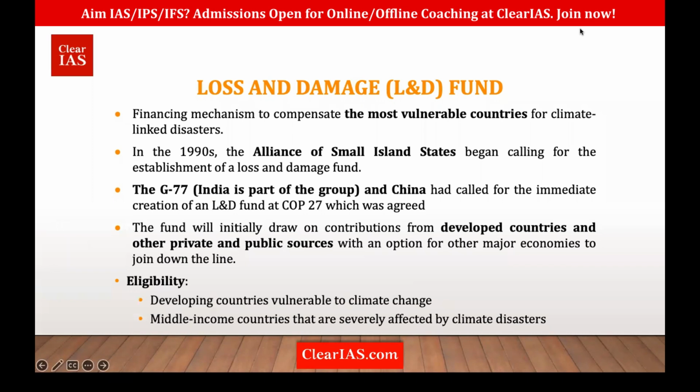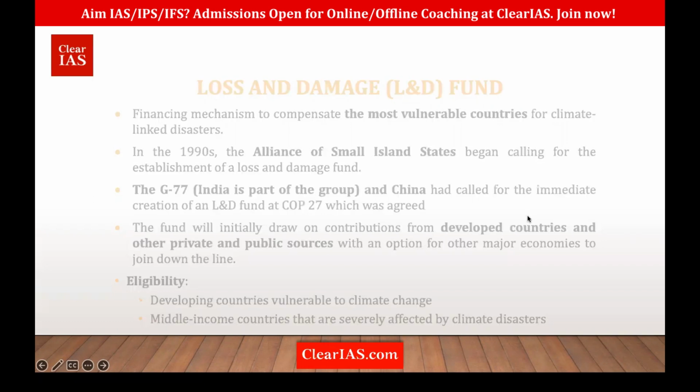There are also so many islands, like Indonesia, where even the capital is sinking. All those island countries will also get proceeds from this fund. That is the loss and damage fund, and it will fund the most vulnerable countries. And from whom would the money be taken? It is from the developed countries and other private sources. So that is the loss and damage fund.